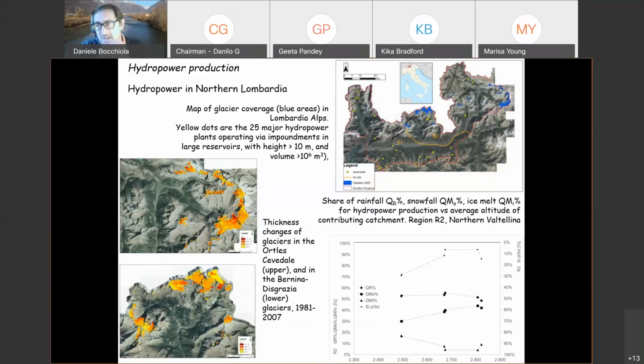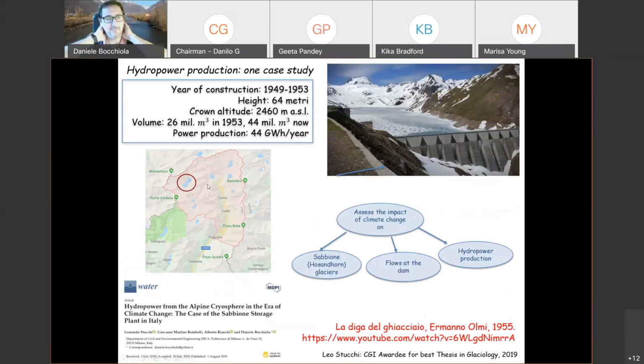So basically, snow melt season and ice melt build up all the way to 40 to 60 or so percent of the total available water for hydropower production. So hydropower production exploits a lot of water from the cryosphere, and water from the cryosphere is very important for hydropower production. I'm showing you a case, and I apologize to Michele, and I think maybe Danilo, I think they already saw this presentation for this specific case, but it is very interesting, in my view.